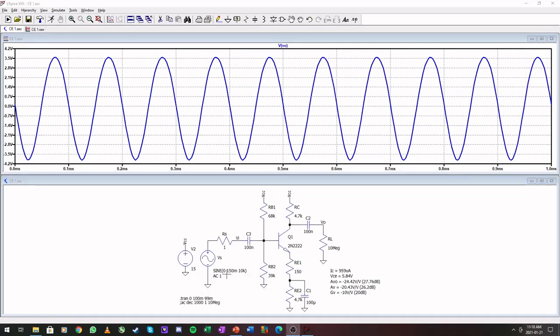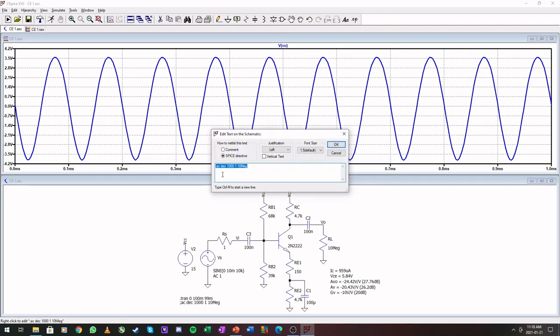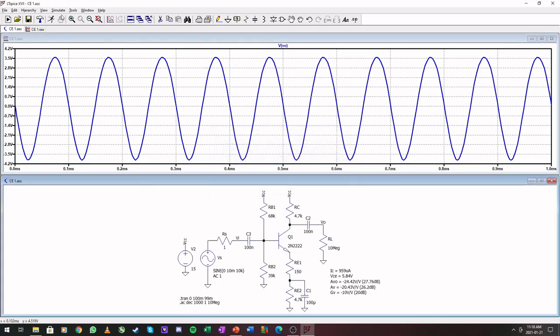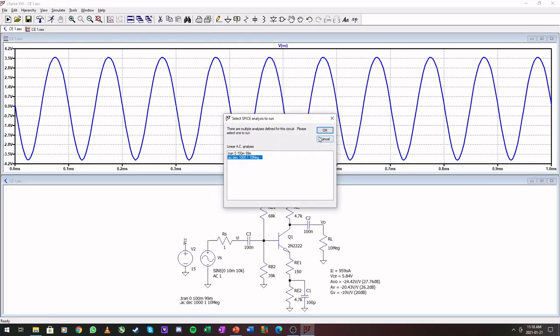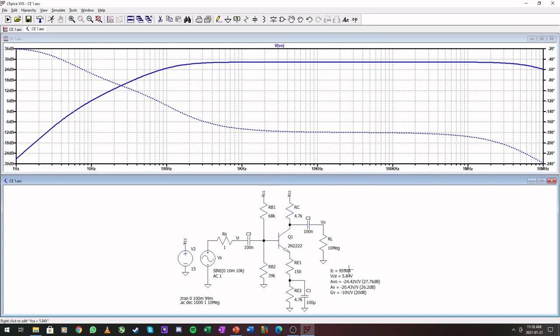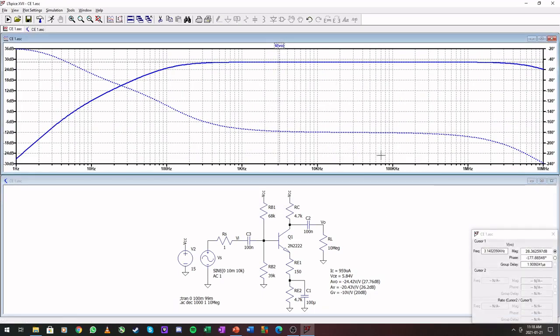Right, on to business. Let's do our AC sweep. And our maximum gain is at 28.36 decibels.